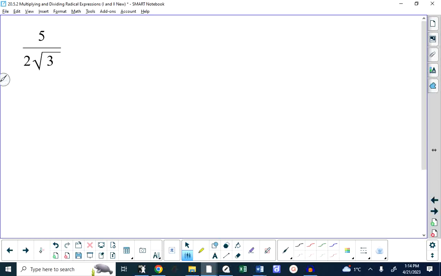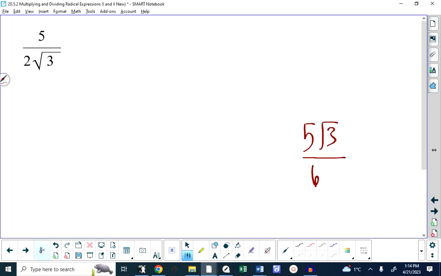If I told you that it turns out that 5 over 2 root 3 is the same as 5 root 3 over 18, I better double check that, my mistake, is the same as 5 root 3 over 6.